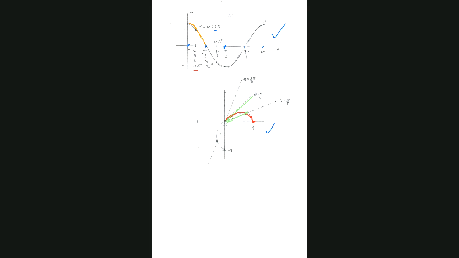All right, so now let's look at the portion of our trig function that goes between pi over 4 and pi over 2. What happens to the radius as your angle goes from pi over 4 to pi over 2? We can see the radius is decreasing, but what else do we notice about the radius?